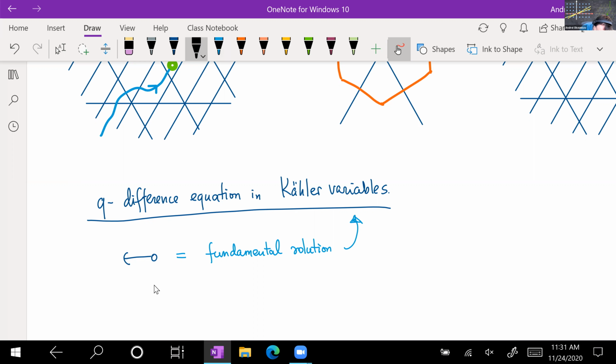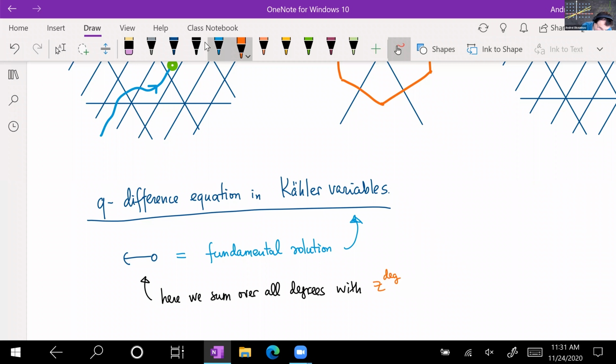Recall this is really the sum over all degrees, with the weight z to the degree.